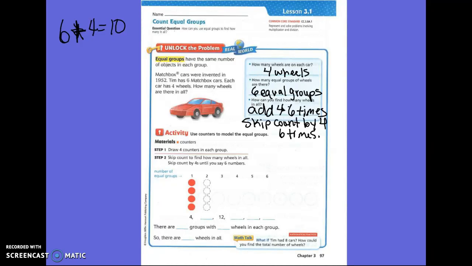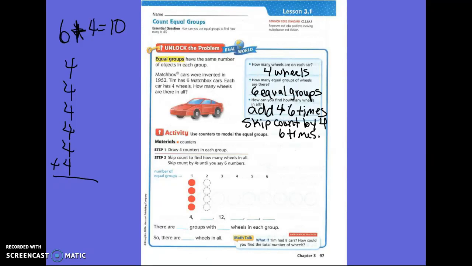So you have to count 4 6 times because there are 6 cars. That's going to be a lot more. So, 4 plus 4 plus 4 plus 4 plus 4 plus 4, 6 times. That's 24.